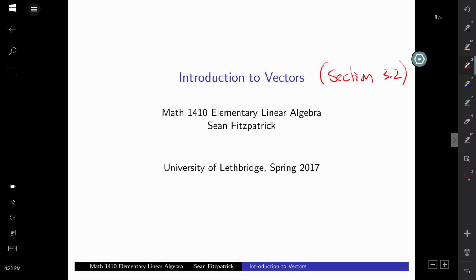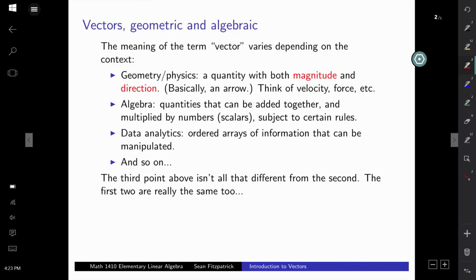Now, throughout mathematics, this word vector pops up all over the place, and it has a lot of different meanings depending on the context. There are a lot of areas that use vectors and have a lot of applications. Anyone who's done high school physics has encountered vectors, and you're used to thinking of vectors as some sort of directed quantity, something that has both a direction and a magnitude.